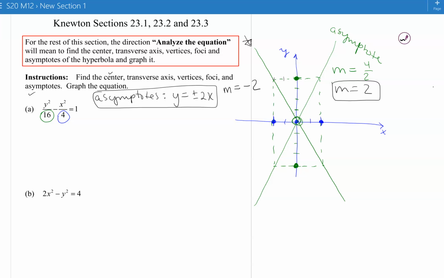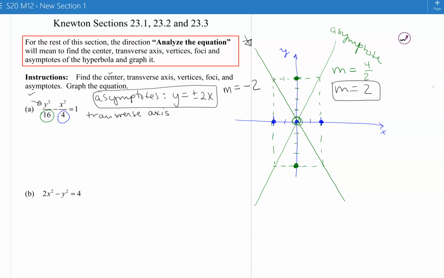The center is 0, 0, since we're starting with the center at the origin. The transverse axis: we can't go by which way is bigger this time, because hyperbolas don't work that way. That's different than the ellipses.